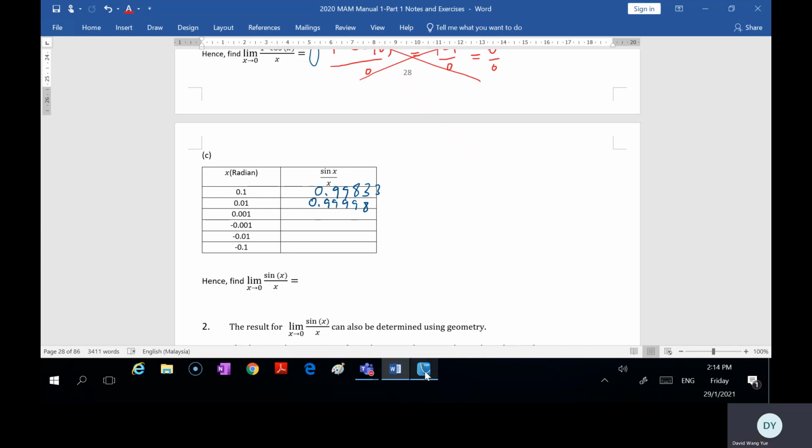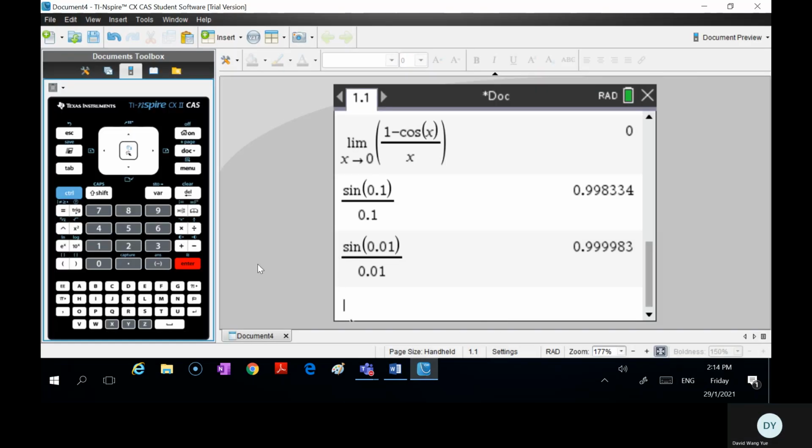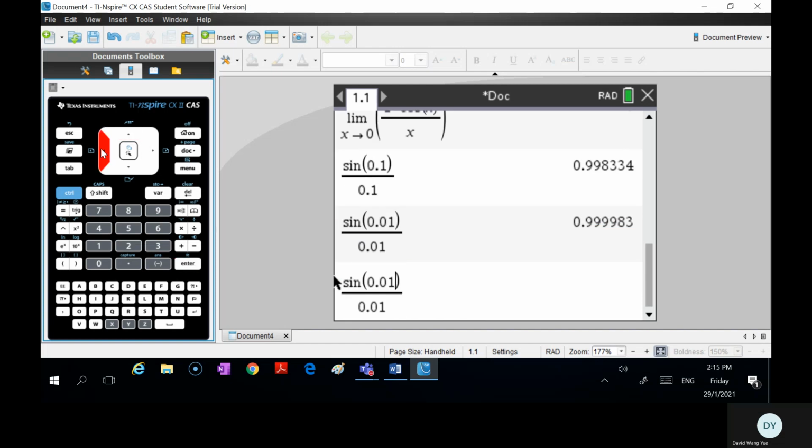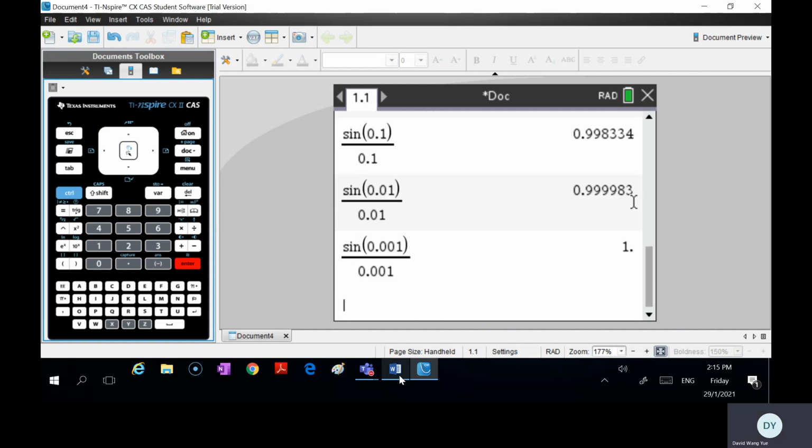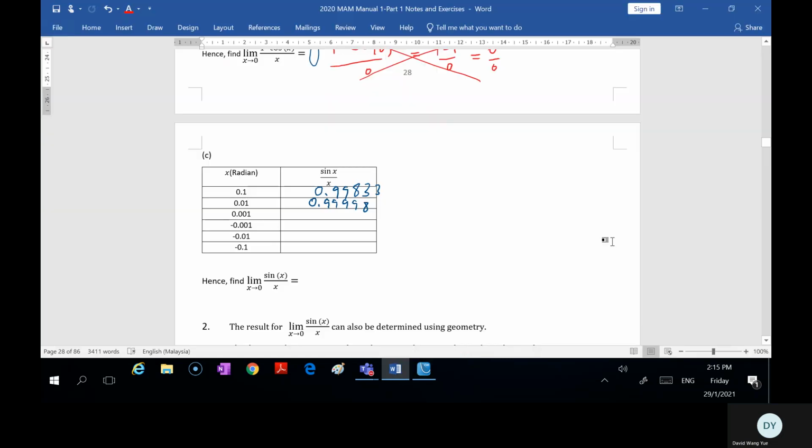How about 0.001? It's just 1. What if I put a negative?